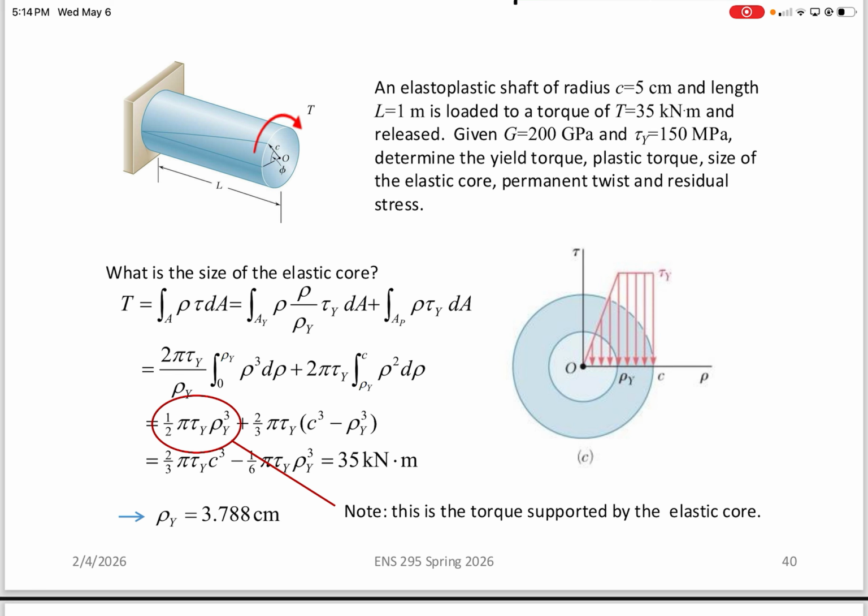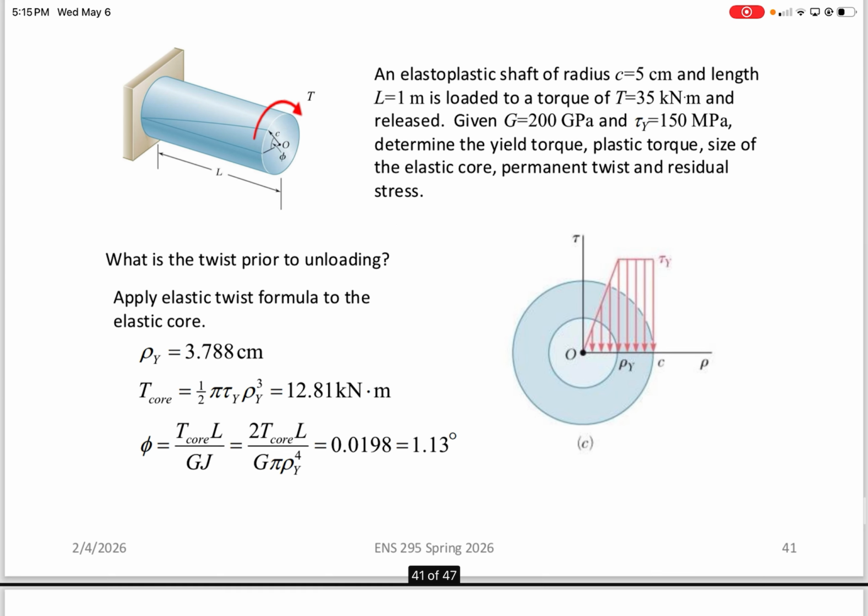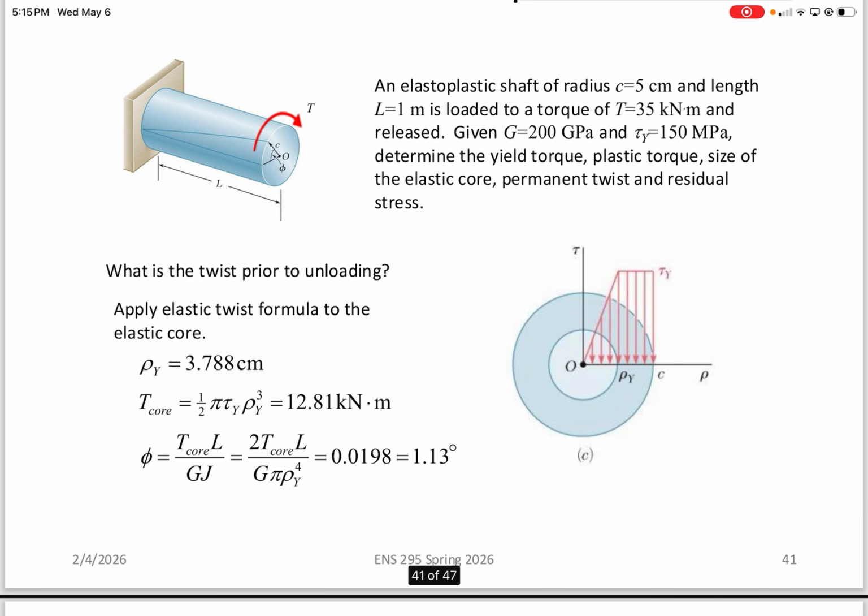Now, the last part of the problem is asking us to calculate the permanent twist and the residual stress. To calculate the elastic twist, we first need to calculate the angle of twist due to the torque in the core. This is the angle of twist existing for the elastic portion of our core, the portion that's still behaving according to linear elasticity.